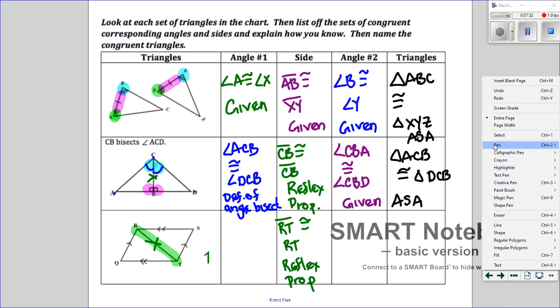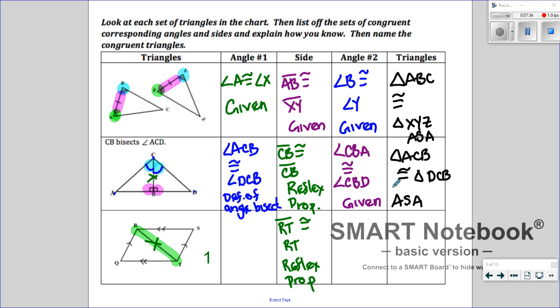So let's start with the blue. You remember parallel lines and a transversal? What do they create? They create alternate interior angles. So that means angle SRT, which is this angle, is going to be congruent to angle QTR. And this is the definition of alternate interior angles.